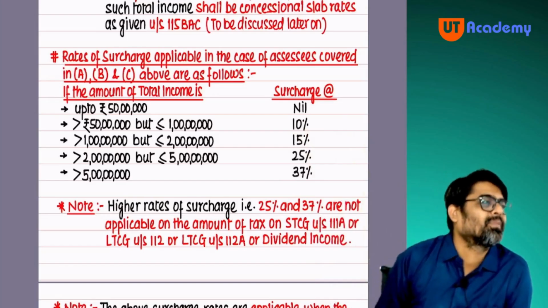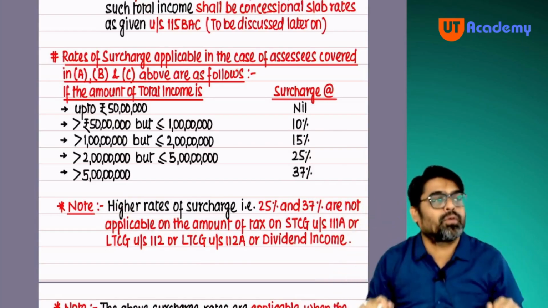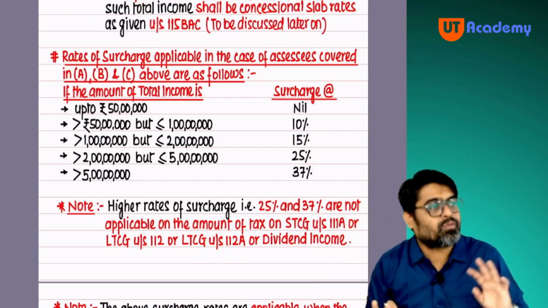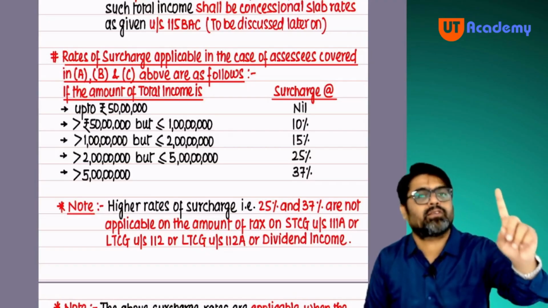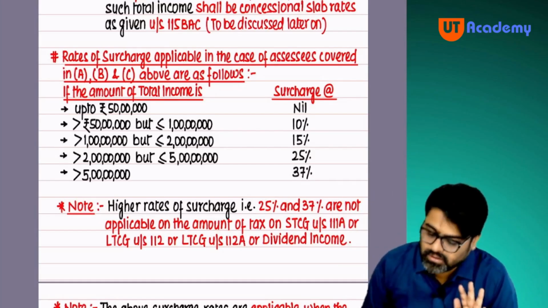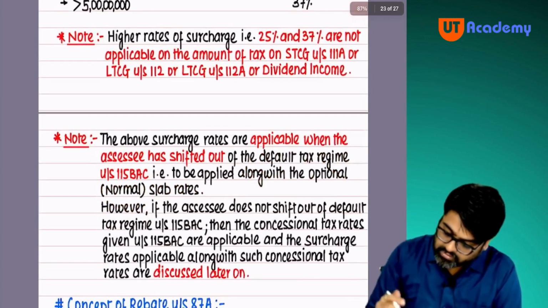But whatever we are discussing right now is from what point of view? That we are not following 115BAC, we are following the normal scheme, we are shifting out of 115BAC. Then the tax rates are normal tax rates and these are your surcharge rates. Okay, sir? Sure, sir? So this is given in the note.